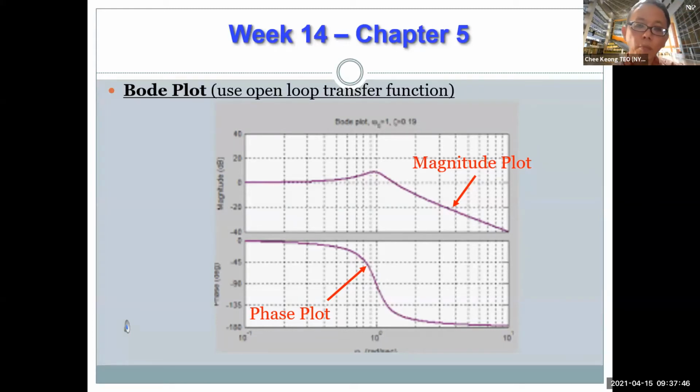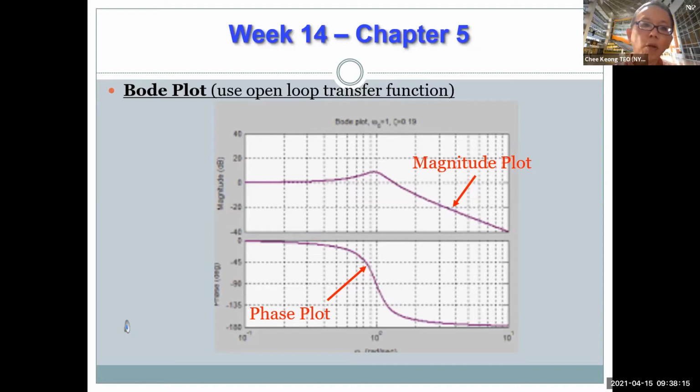Remember what open-loop is? It means that you move your signal from input all the way through the forward gain G of S, and then loop back to your feedback gain, which is H of S. But before you close into the negative summing node, you actually open that. So it's G of S multiplied by H of S, and this is the open-loop transfer function.